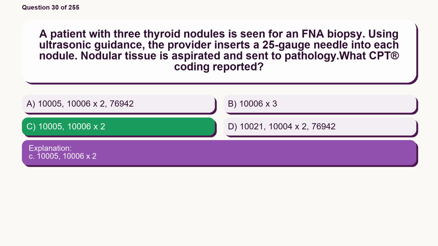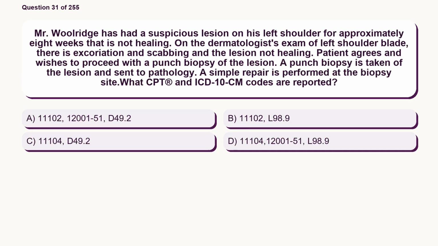C, 10005, 10006x2. Question 31. Mr. Woolridge has had a suspicious lesion on his left shoulder for approximately 8 weeks that is not healing. On the dermatologist's exam of the left shoulder blade, there is excoriation and scabbing and the lesion is not healing. The patient agrees and wishes to proceed with a punch biopsy of the lesion. A punch biopsy is taken of the lesion and sent to pathology. A simple repair is performed at the biopsy site. What CPT and ICD-10-CM codes are reported?